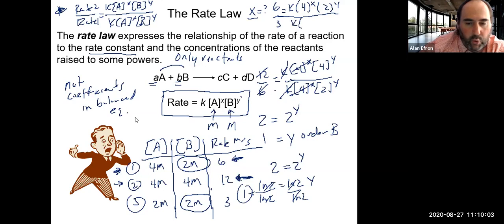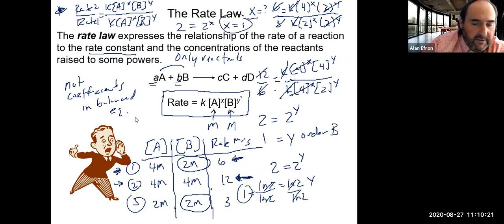We got 2 to the X and 2 to the Y. Again here, the 6 and the 3 will give us a 2. The K's will cancel. The Y's over here will cancel. When we do that, we'll get 2 to the X, and we see X is equal to 1 as well in my particular example. And that would be the order with respect to X in this particular case as well.